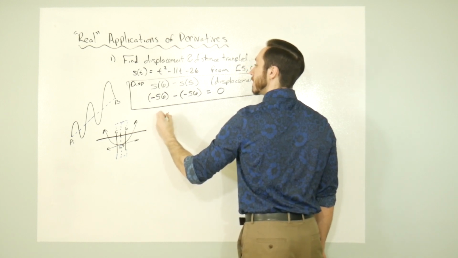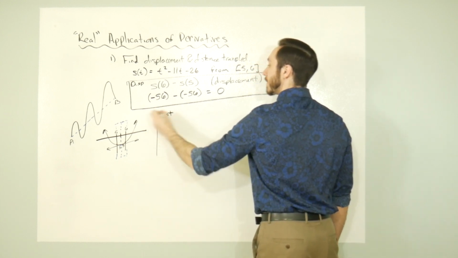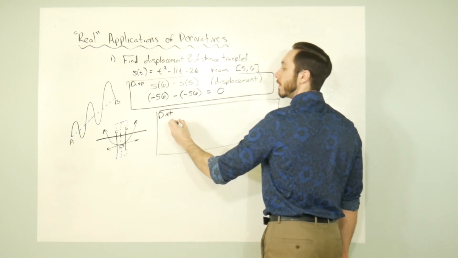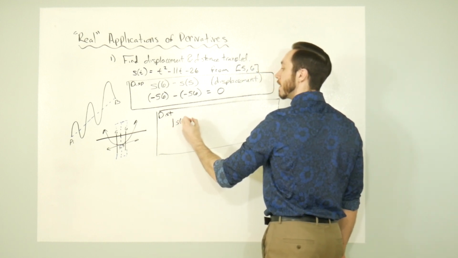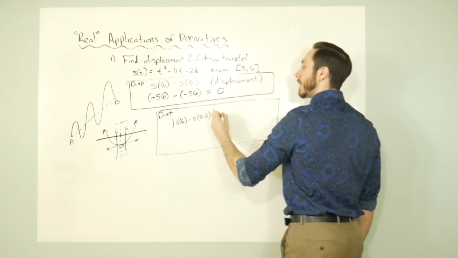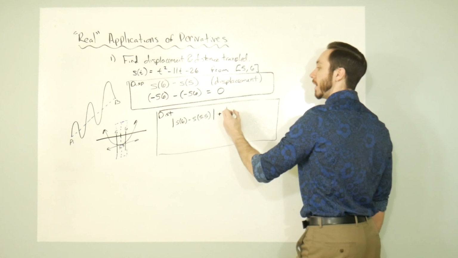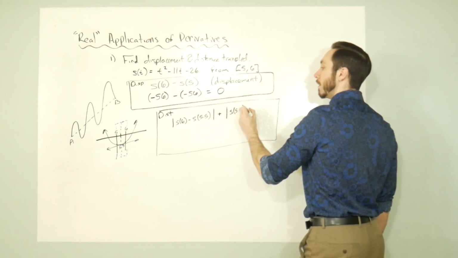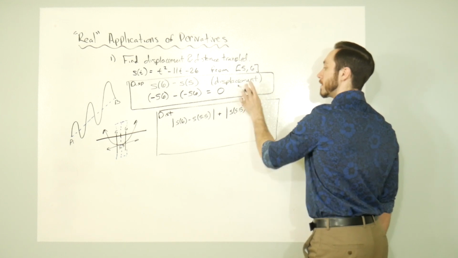So for distance, what we want to do is something very similar. We want to take the absolute value of s of 6 minus s of 5.5, and then add that to the absolute value of s of 5.5 minus s of 5.